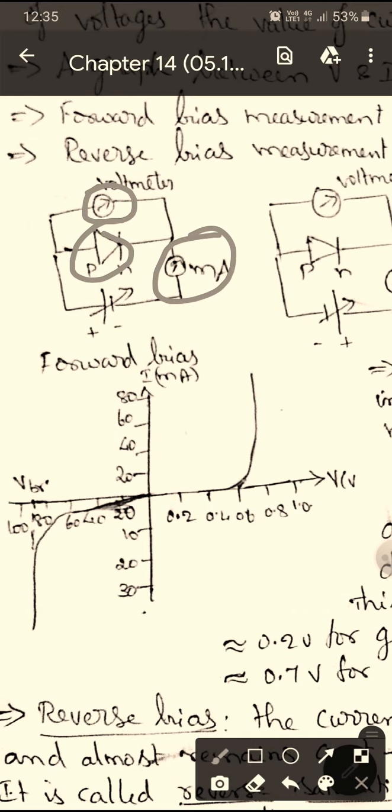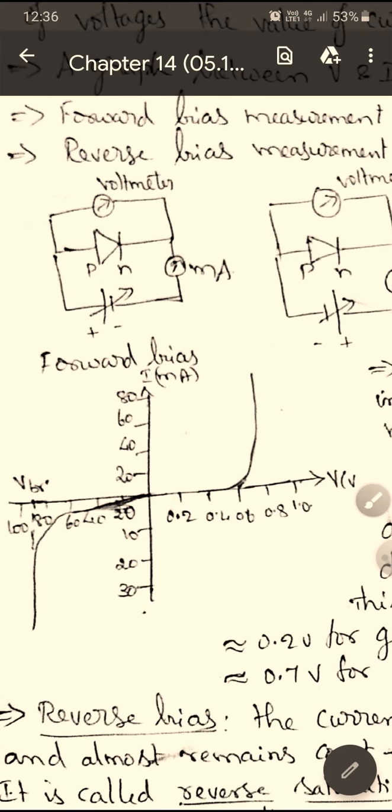The diode is connected in parallel to the voltmeter and in series with the battery. There is also a variable rheostat and a milliammeter. This is forward bias.